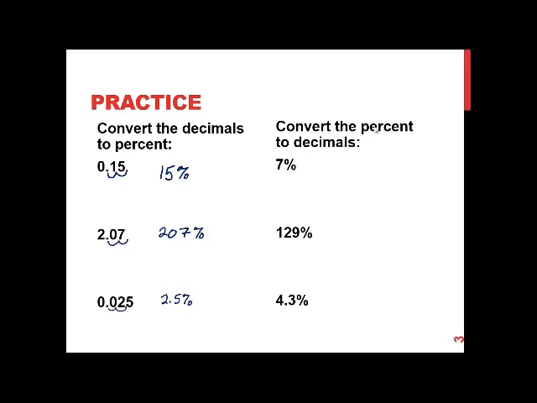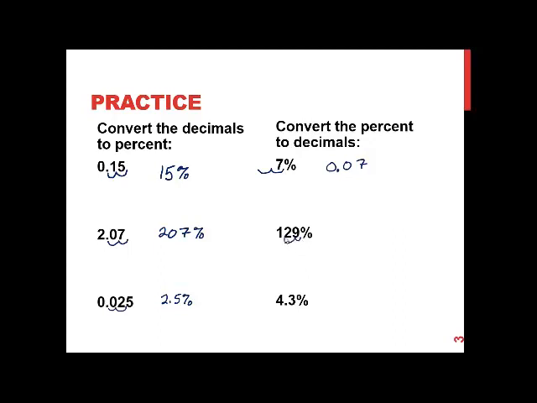Alright, convert the percentages to decimals. So we've got 7%. We're going to move the decimal 2 units to the left, and that gives us 0.07. And again, I like the leading zeros in there. 129%. There's a decimal here. We're just too lazy to write it if we don't need to.